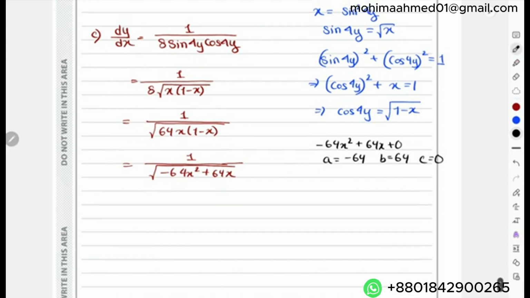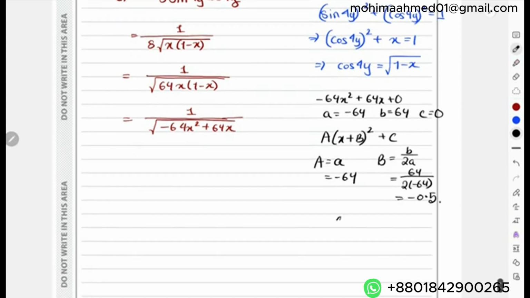Now we always keep our answer for completing the square as a x plus b whole square plus c, right? Now the formula for a is just small a, which will be minus 64. The formula for capital B is going to be b by 2a. That is going to be 64 over 2 times minus 64. That is going to be negative half.